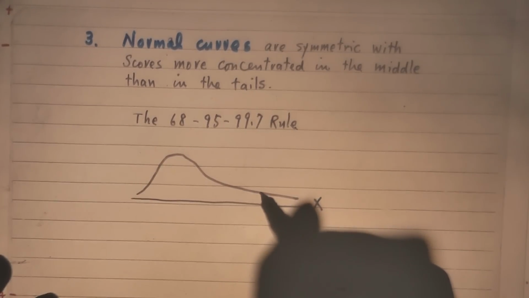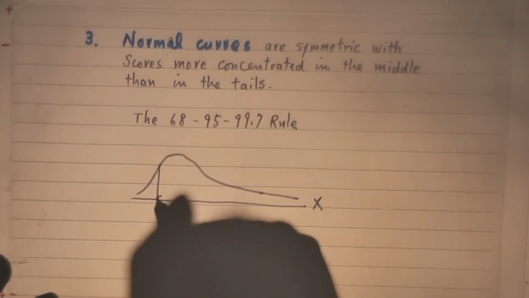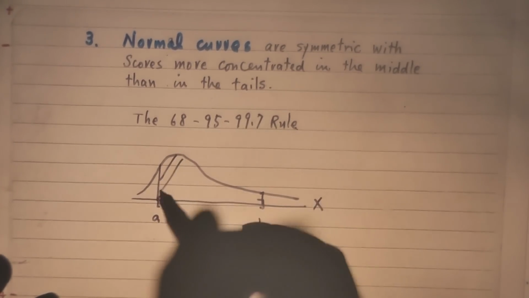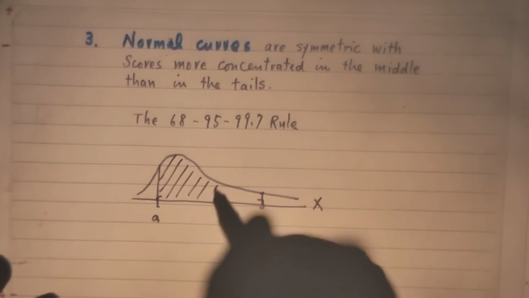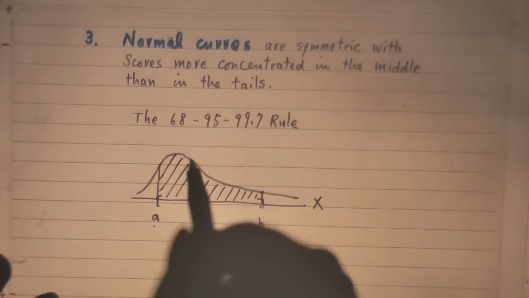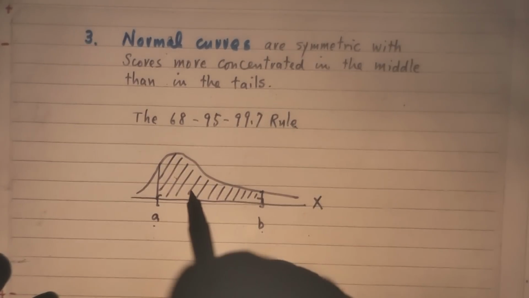Well, that means my notation can also apply to any density curve, not just a normal curve. If I tell you this point here is A, and this point here is B, then the shady area above interval AB, but under the curve. What is the meaning of this shady area?